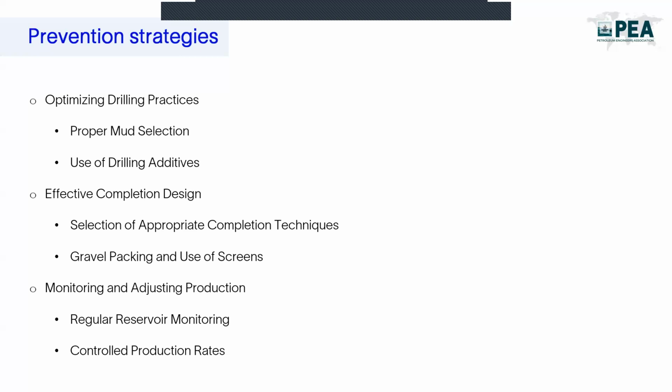The first one is optimizing drilling practices, which starts with proper mud selection. The choice of drilling mud plays a vital role in preventing formation damage, because the mud should, in the first place, be compatible with the reservoir rock and the fluid properties.